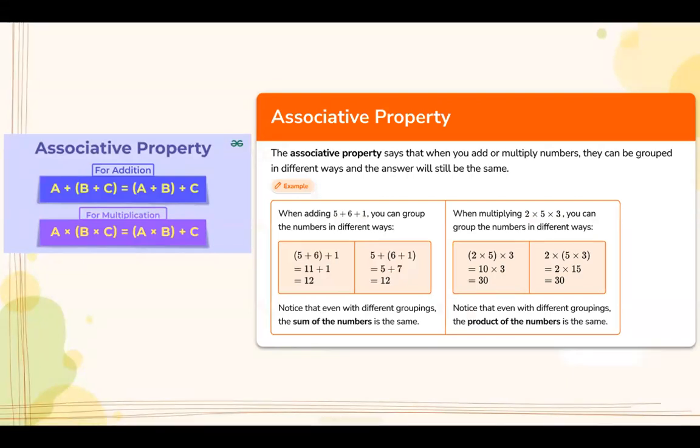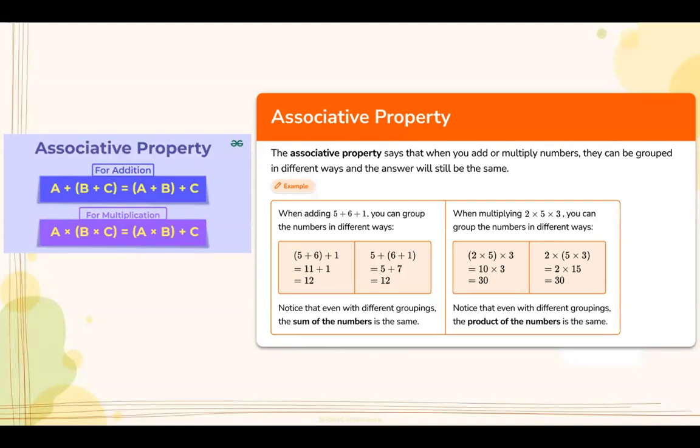So if you notice, when you want to add 5 plus 6 plus 1, you can add 5 plus 6 first before adding 1, or you can add 6 plus 1 first before adding to 5. And your answer will remain the same. So it's as simple as you can group in different ways and yet you get the same answer.